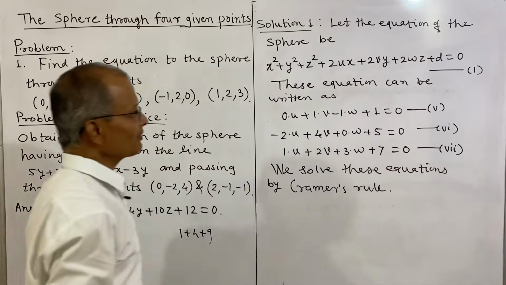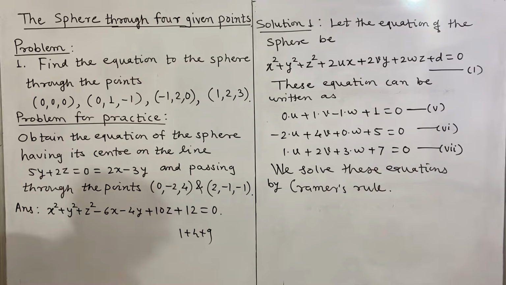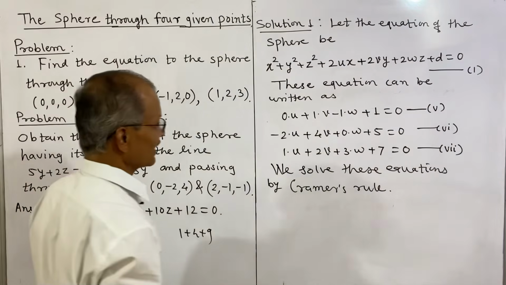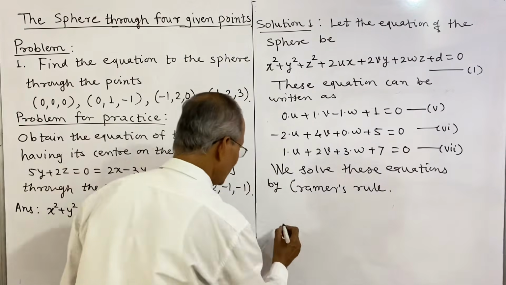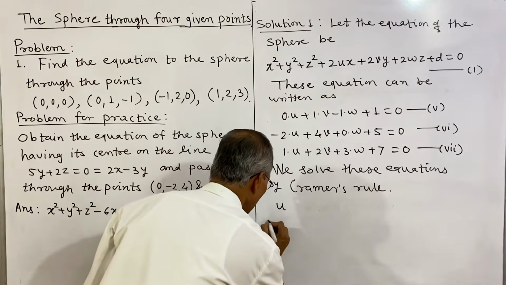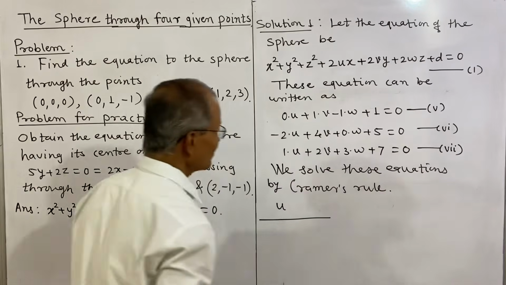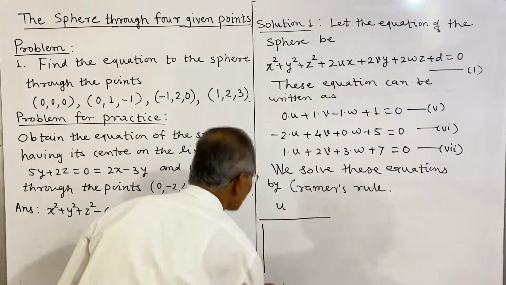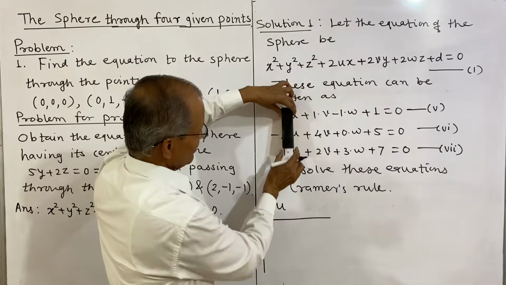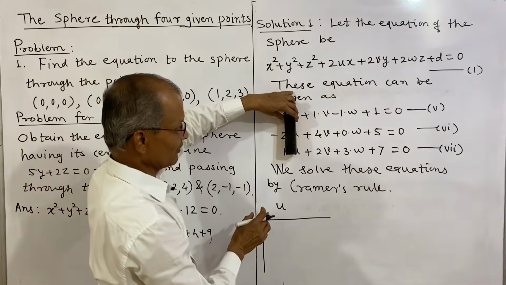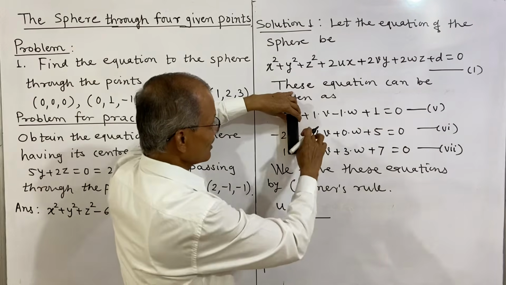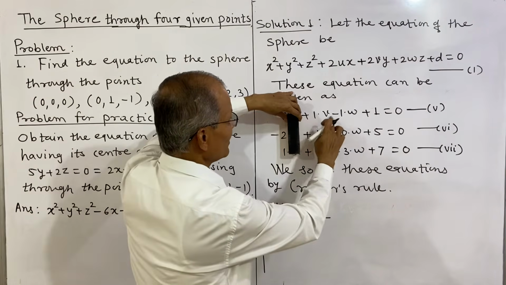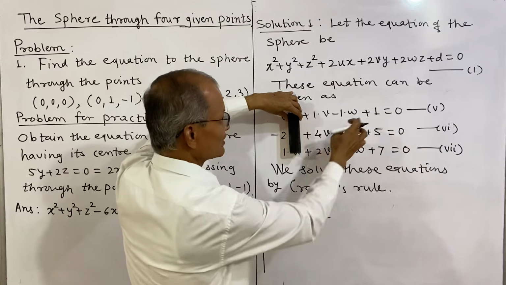So what is Cramer's rule? That is a determinant form, and we can write this as u divided by a determinant. The determinant is to be written as follows: we hide the column of u and write the determinant of the coefficients of v, w and the constant term as it is.